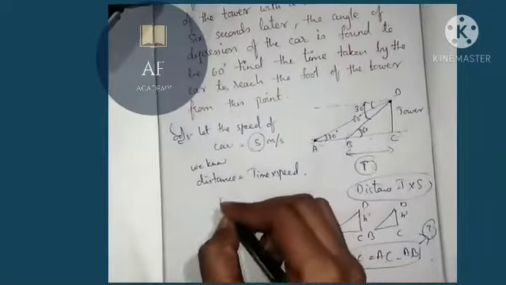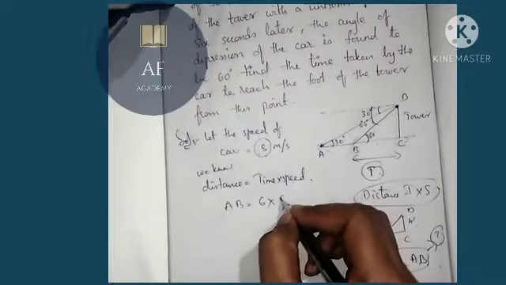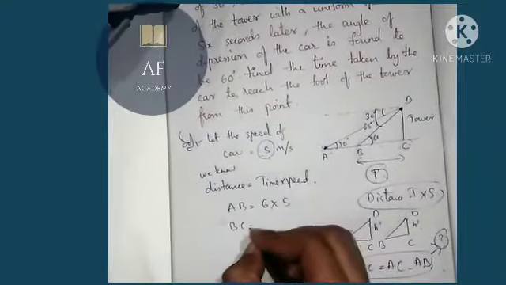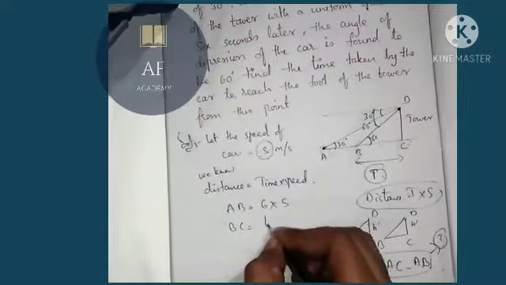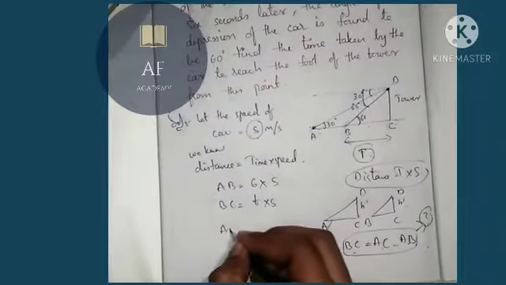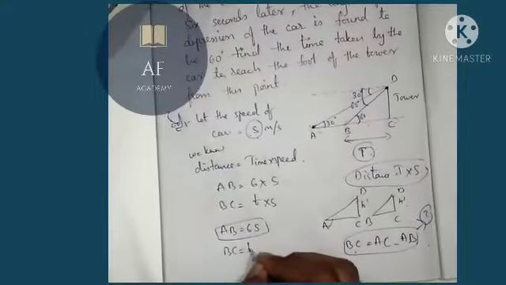So distance AB is equal to time 6 seconds into the constant speed S. Then from B to C, the time is not known, so we will take time T into S. So here we have AB value as 6S and BC value as TS.